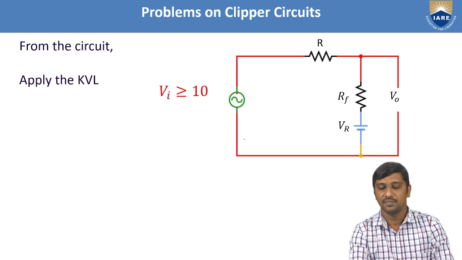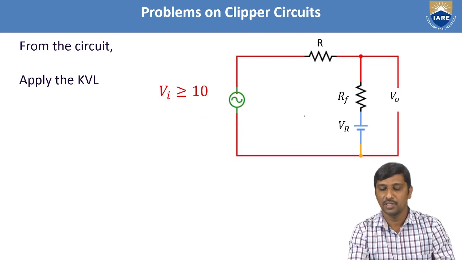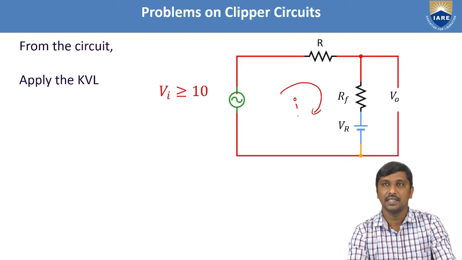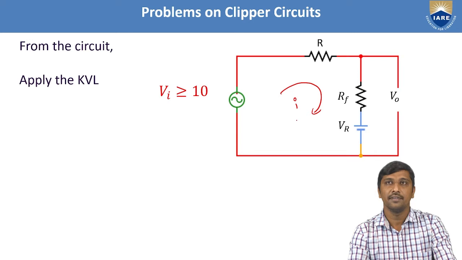What happens here means we need to write the VI. Which current flows here? The current flows I. Let us assume that the current flowing across this network is represented as I. Now we need to write down the KVL analysis.